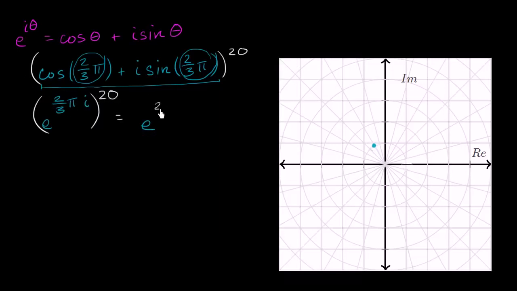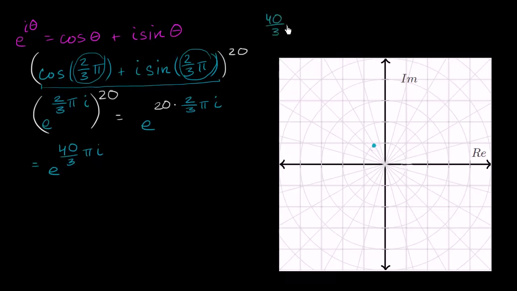So this is e to the 20 times 2 over 3 pi i, which is equal to e to the 40 over 3 pi i. Now, this is an awfully large angle right over here.